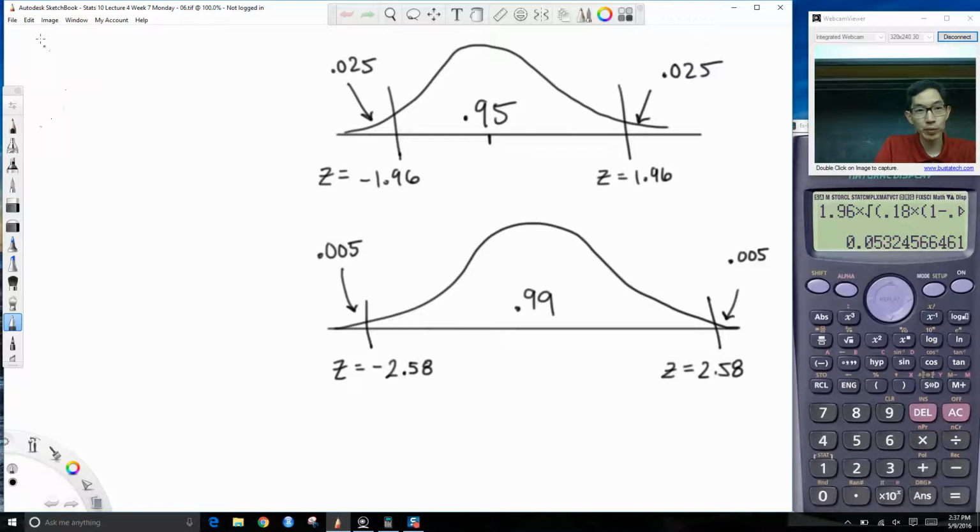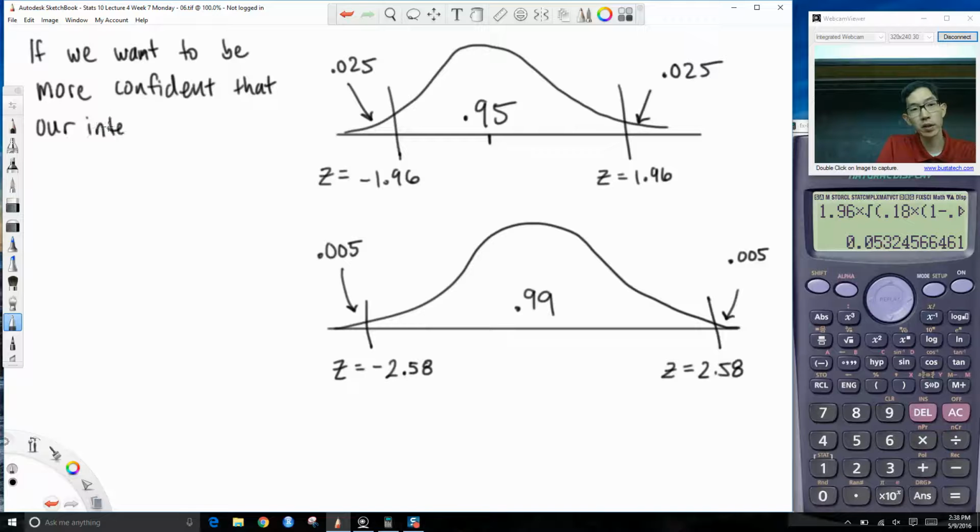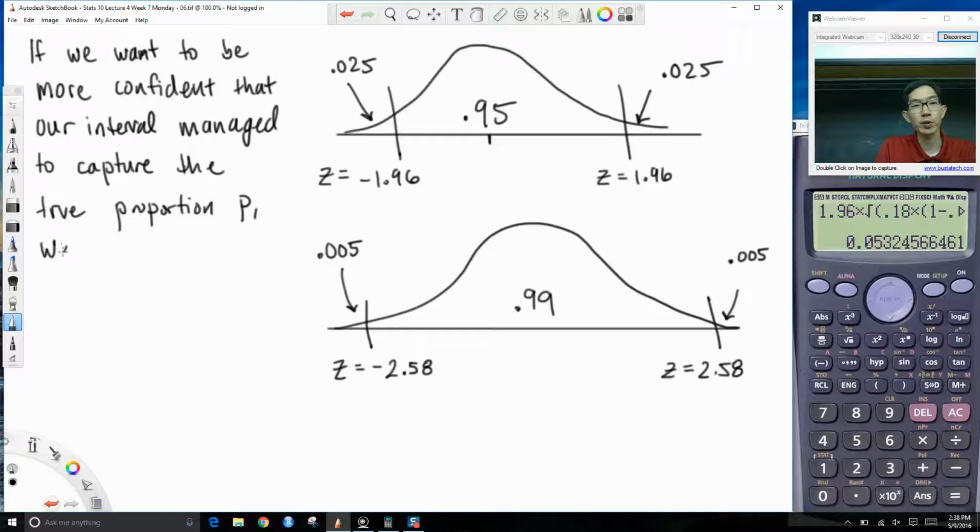So if we want to be more confident that our interval managed to capture the true proportion p, we would make our interval wider.